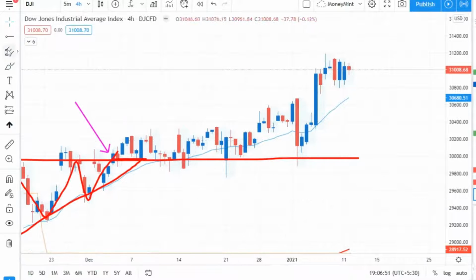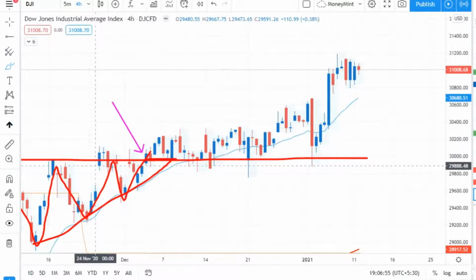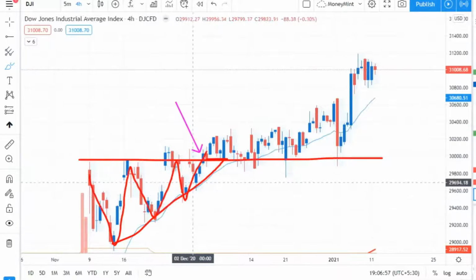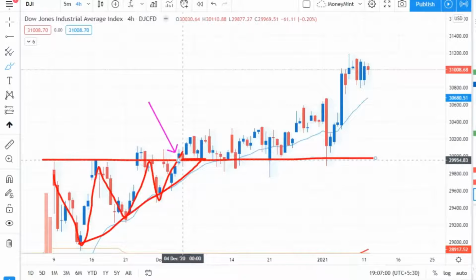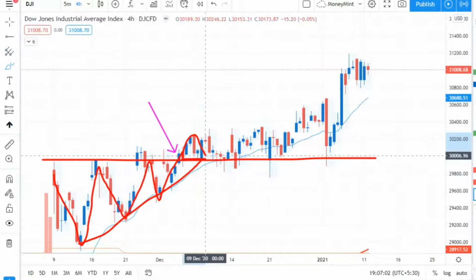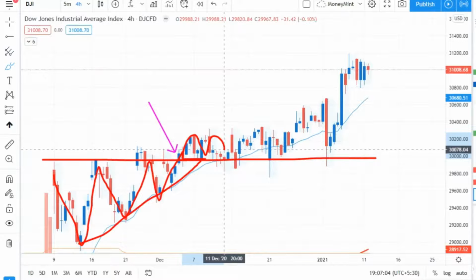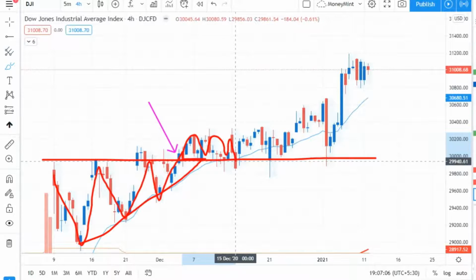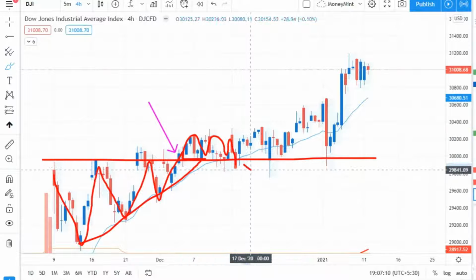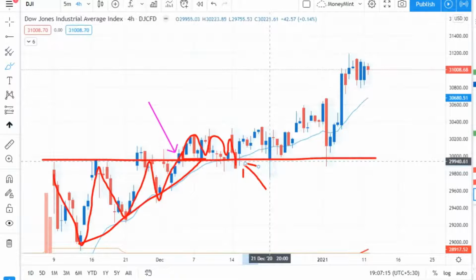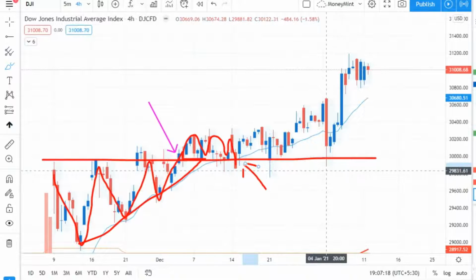So you can see what happened after the breakout from this wedge. Price jumped in, then it went up, then it went down, then it made an attempt to break this level. A very sharp candle comes into the action. And then again here, then again here.